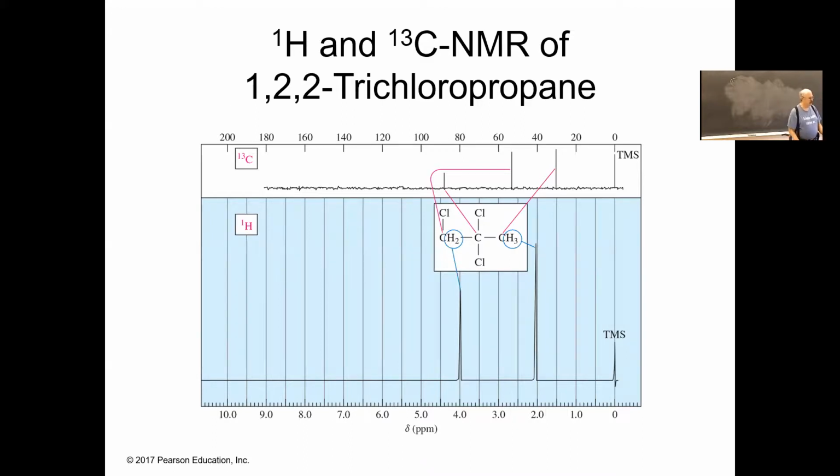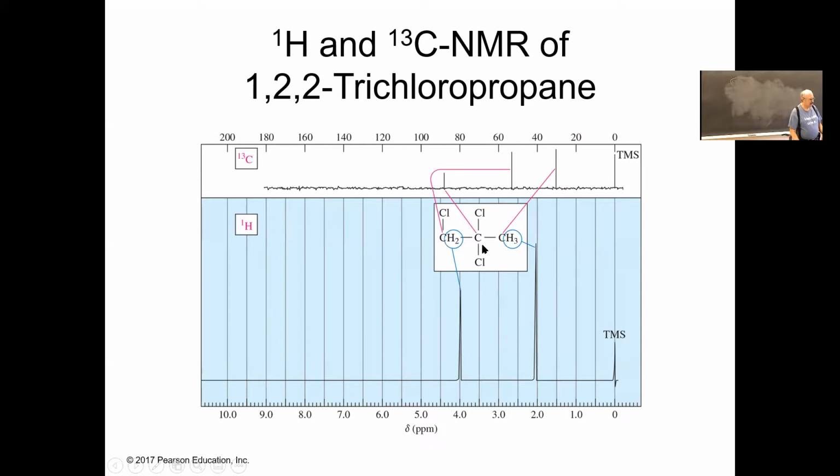Here is 1,2,2-trichloropropane. Below we have the proton spectrum. This CH3 is a singlet since there's no neighbors. CH2 is also a singlet, there's no neighbors.